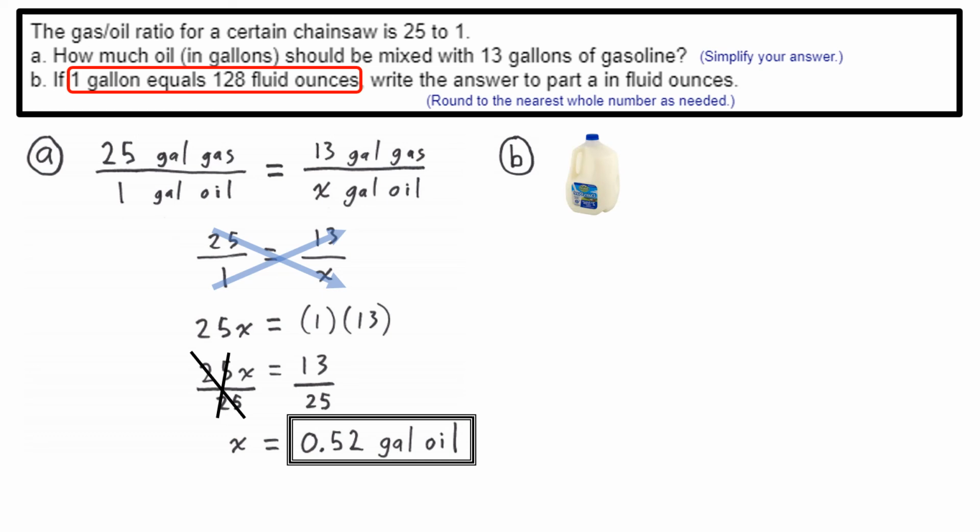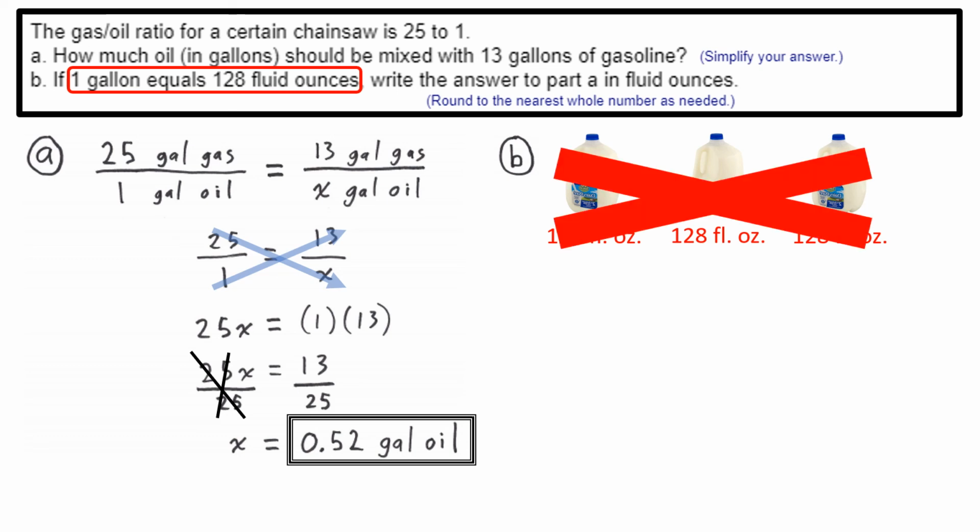And this is telling us that 1 gallon holds 128 fluid ounces. So we could have any number of gallons. In this case, I just wrote 3. And we would see that each of them would have 128 fluid ounces. So if we wanted to know how many fluid ounces were in all of that milk, we could multiply 3 times 128.